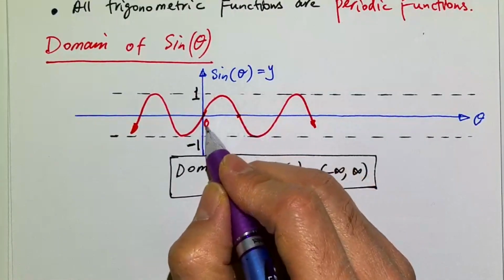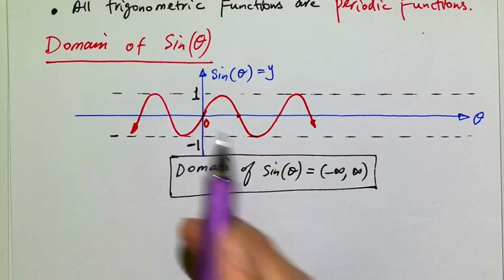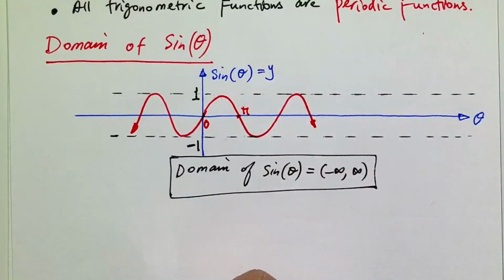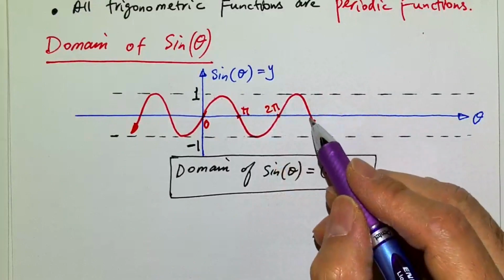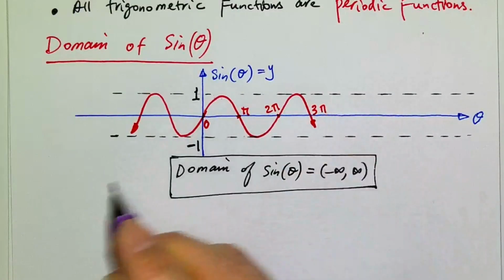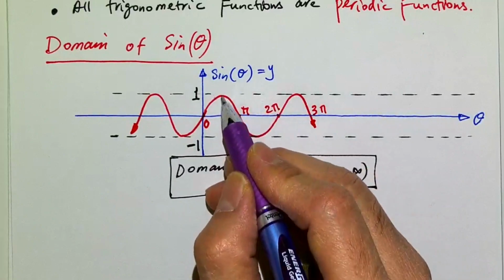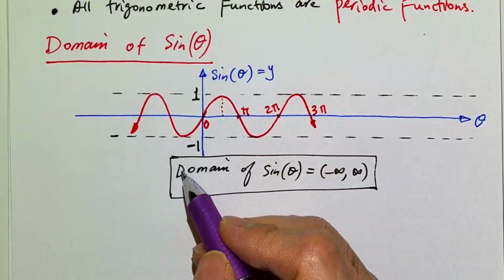If this is 0, so sine function is 0 at the origin, and then it's also again 0 at pi, and again 0 at 2 pi, and 0 again at 3 pi, and so on and so forth. So what would that make this peak then? What angle would that be? That would be pi over 2.